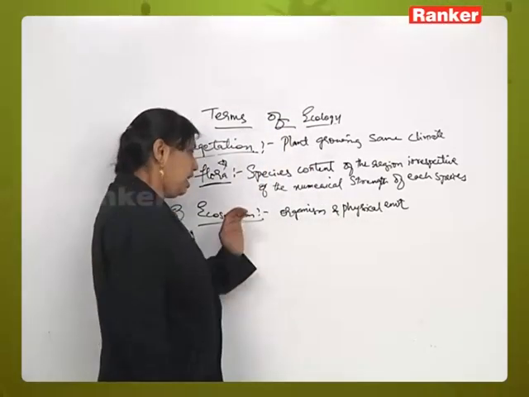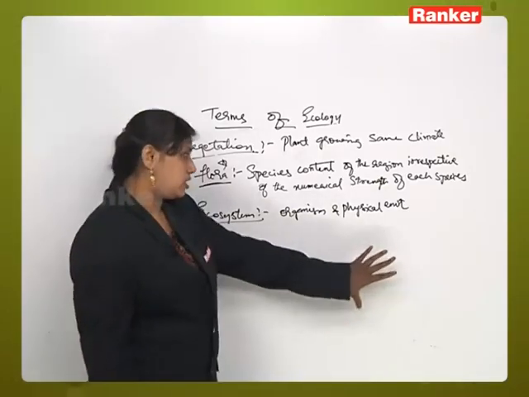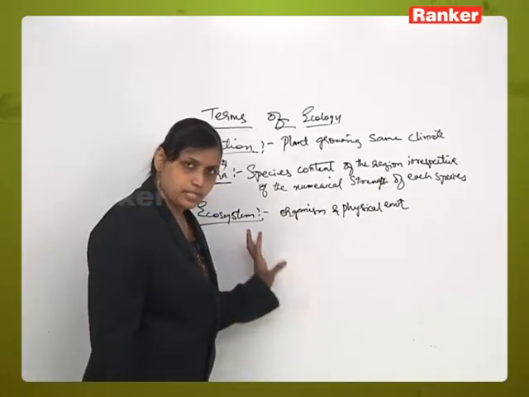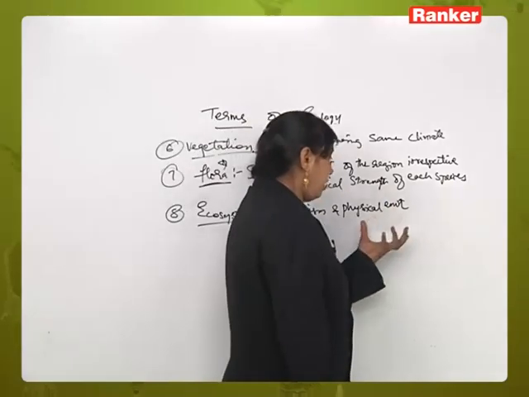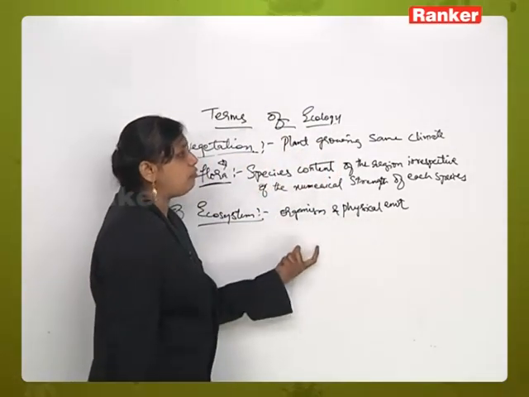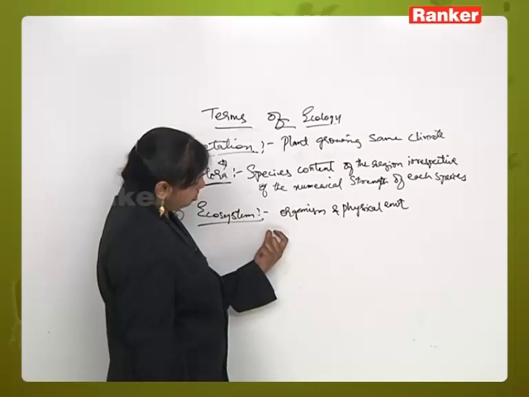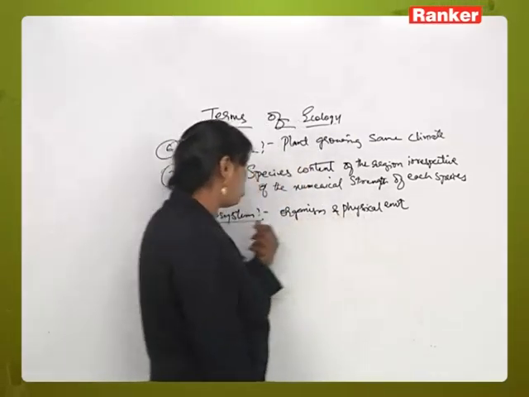Each organism has both abiotic and biotic components, interacting and exchanging material between them. This interaction and exchange of material between organism and physical environment is called an ecosystem.